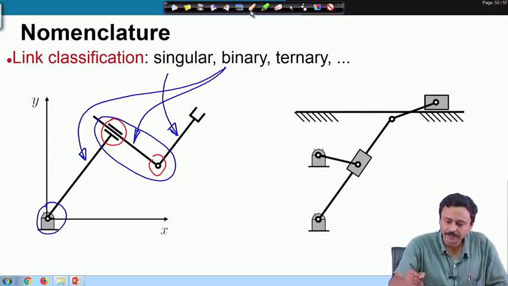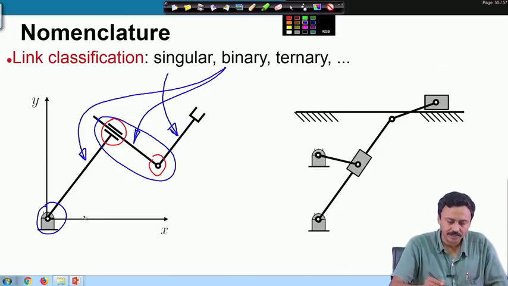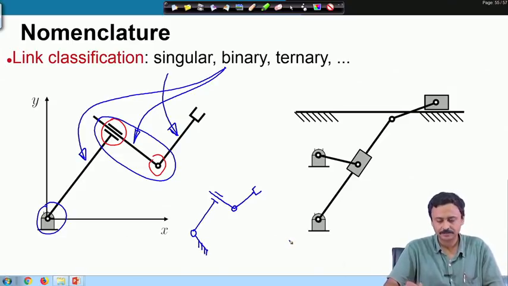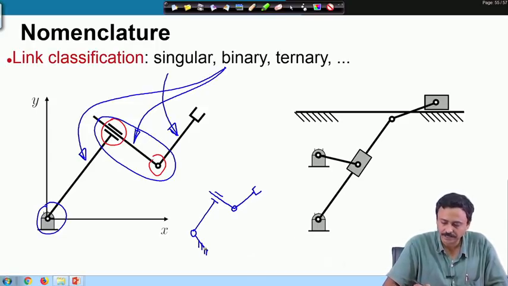In other words, I can imagine that this mechanism is something like this, in which this link is fixed. This link has been fixed. So, ground is also a link.